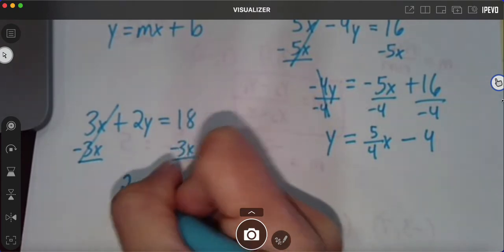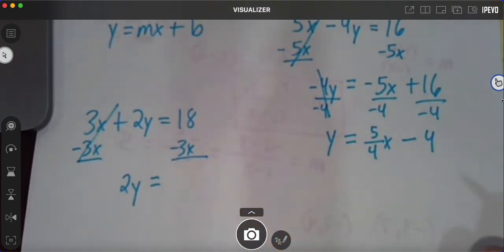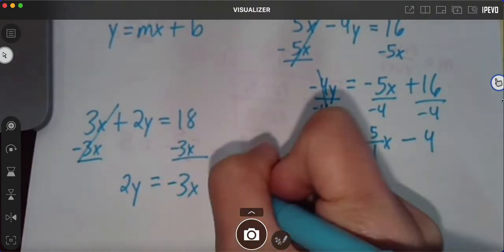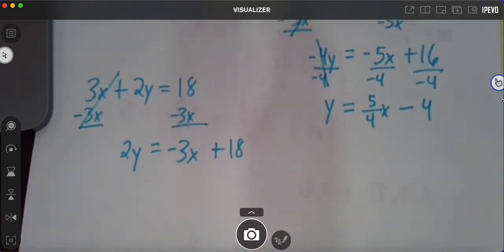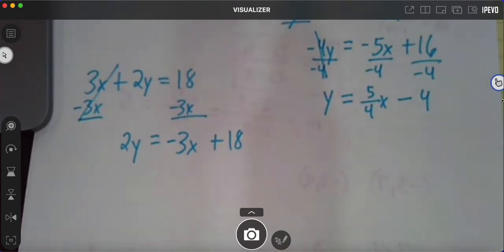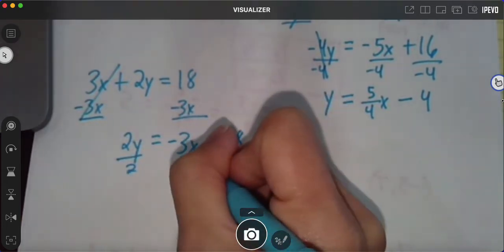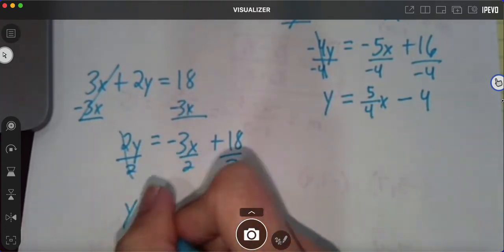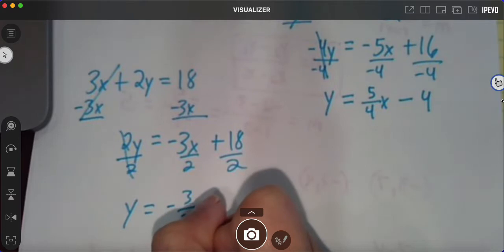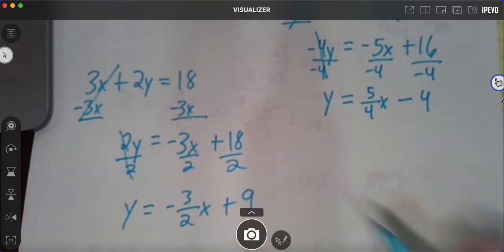So I'm writing 2y equals negative 3x plus 18. Then I have one more step. I need to move that 2, so I divide everything by 2 and see what happens. Negative 3 halves x plus 9.